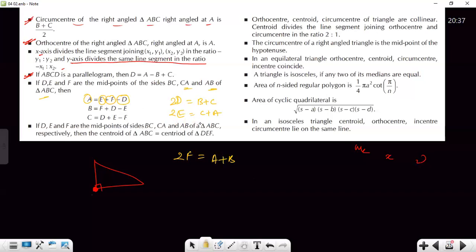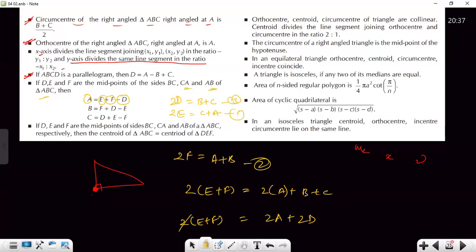Now, what they have written is A plus D is equal to E plus F. Simply adding both of these equations, this will become 2E plus 2F is equal to 2A plus B plus C. B plus C, using the third equation, is 2D.